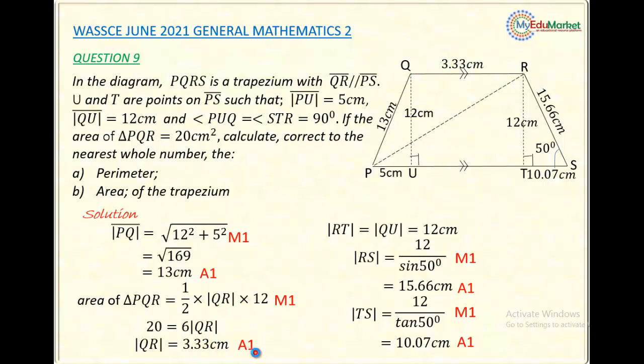Then the next is using the trig ratio in an attempt to get the length of the line RS, you have method mark 1. And for getting RS accurately as 15.66 centimeters, you have the A1 mark. For using trig ratio also to find the length TS, you have method mark 1. And for getting that length accurately as 10.07 centimeters, you have the accuracy mark A1.